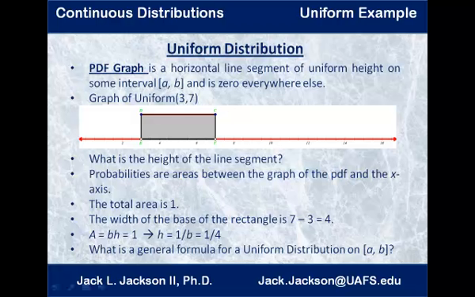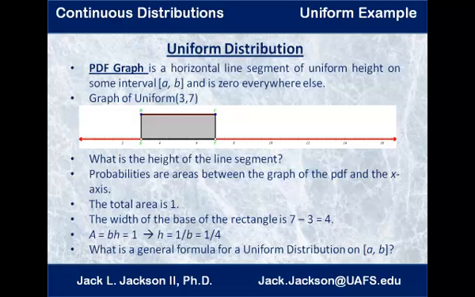Well, the width of the base is 7 minus 3, which is 4. And the area is 1, but the area is also that base of 4 times the height. So the height of that rectangle must be 1 over whatever that base was, or 1 over the width. And the width was 4. So we get the height must be 1 over 4.